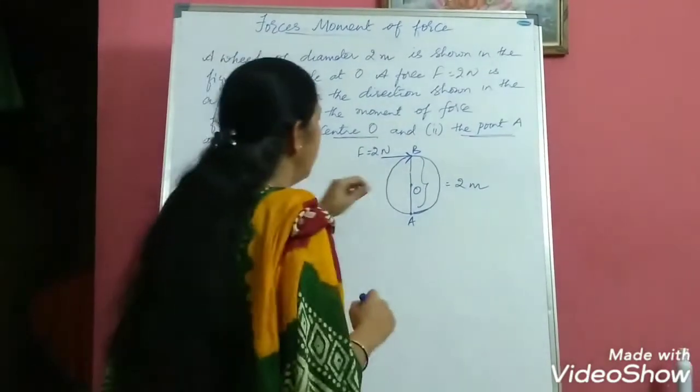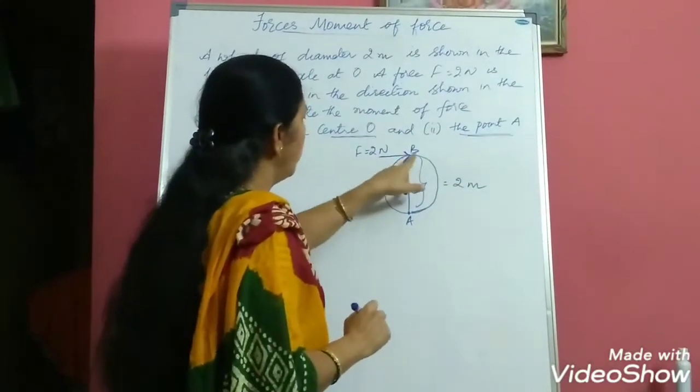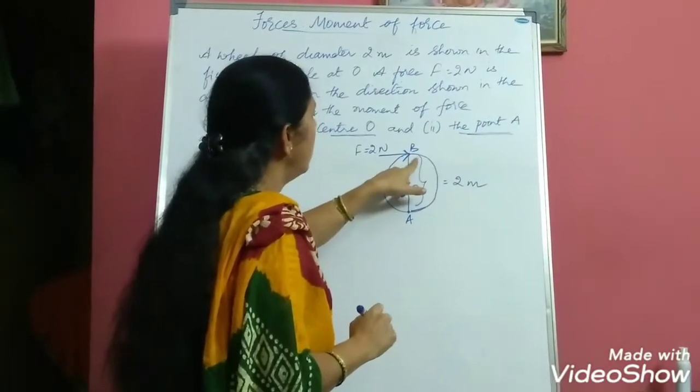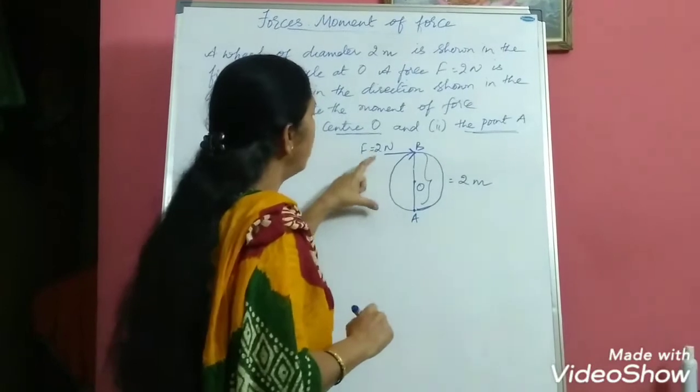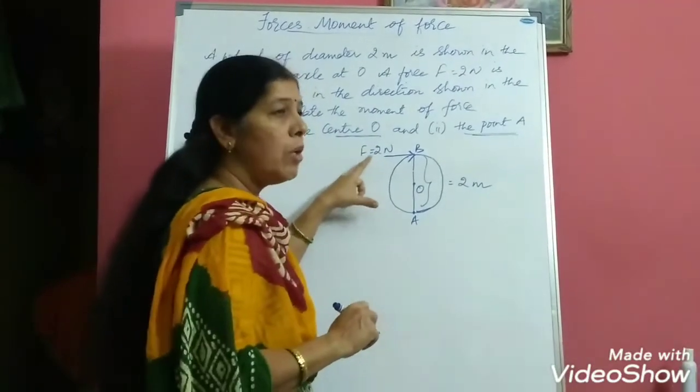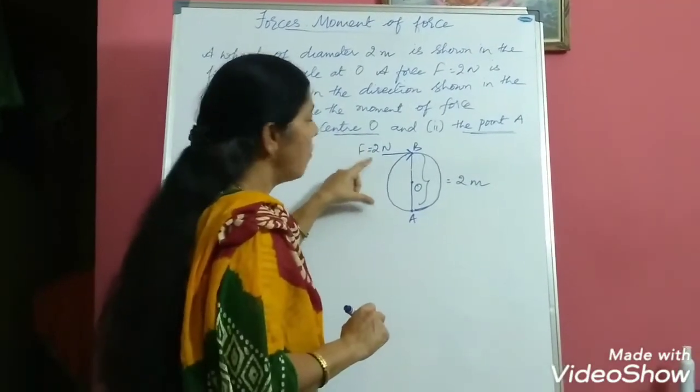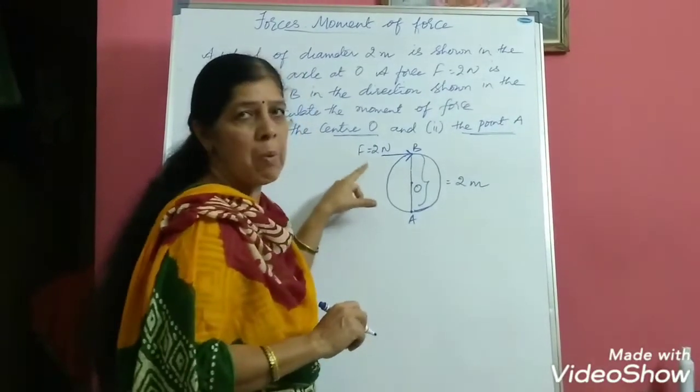Always remember, whenever force is applied at any point, the body which is pivoted will have a rotational motion. When you calculate the moment of force, you need to mention whether clockwise moment or anti-clockwise moment acts.